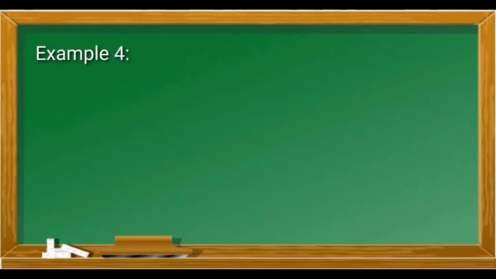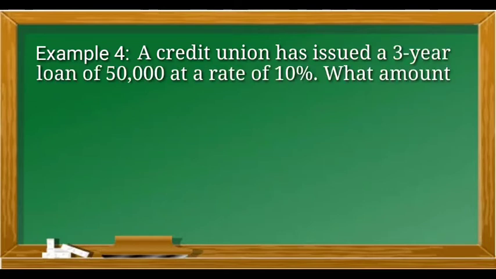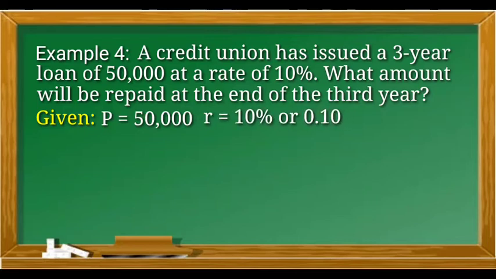For example, a credit union has issued a 3-year loan of 50,000 at a rate of 10%. What amount will be repaid at the end of the 3rd year? Yung given ay P equals 50,000, R equals 10% or 0.10, and T equals 3 years.